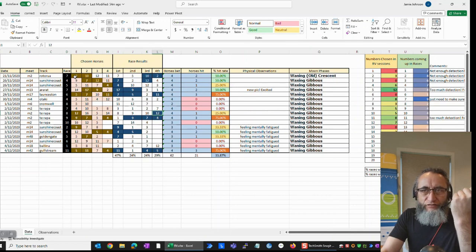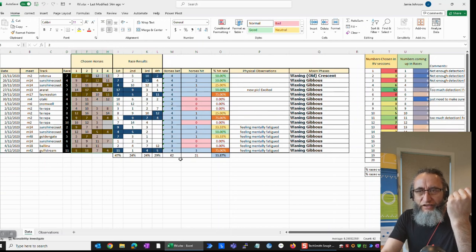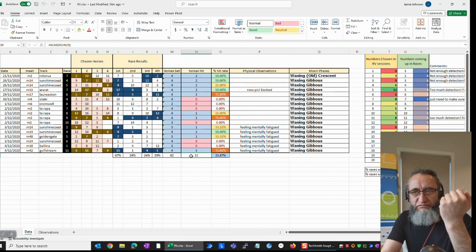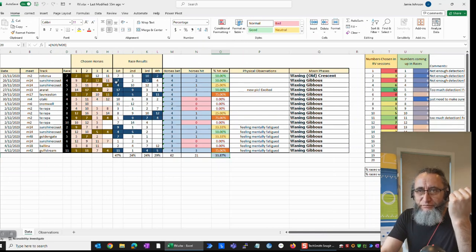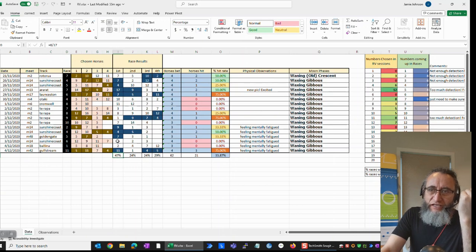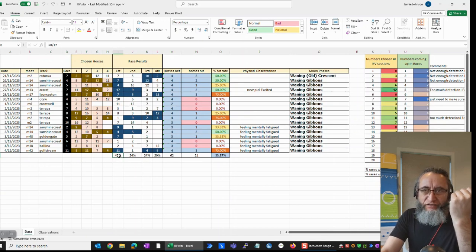So race shows at least that the ones that I bet on, I collected on 21 of them, and I got 33%. So it's better than 0%. This column here, this percentage means that 40% of the races I got first place.